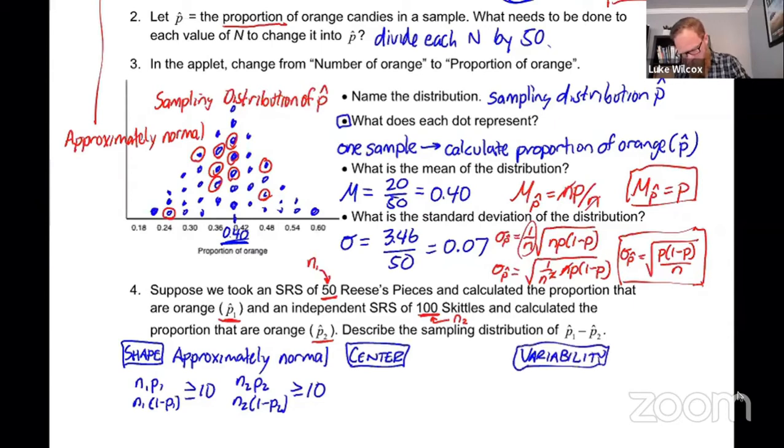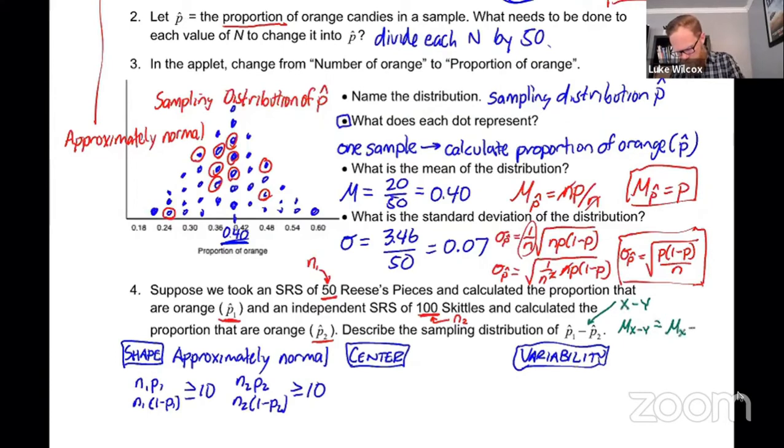Now, in order to get some formulas for the center and the variability, I have to take you back to something that Mr. Murphy talked about yesterday when you were talking about combining random variables. And here's what we're going to do. We're going to think of these as random variables. And what we're doing is we're taking the difference between two random variables, x minus y. And if you recall from yesterday's lesson, if you want to get the mean of the difference between two random variables, very straightforward.